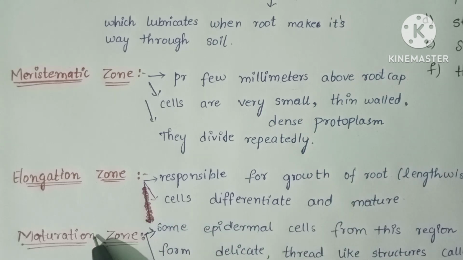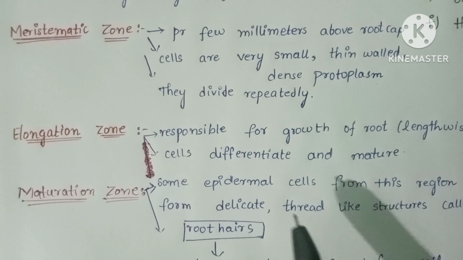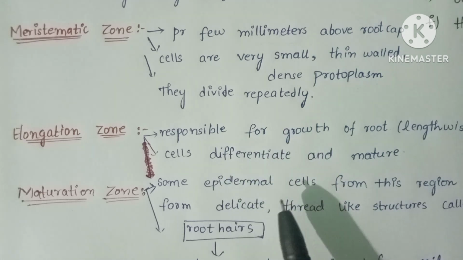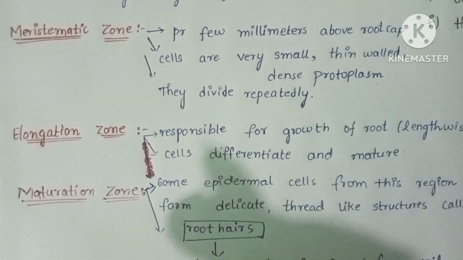Coming to the maturation zone, some epidermal cells from this region form delicate thread-like structures called root hairs. It is a very easy question, but many fail to answer it: root hairs come from the maturation zone, but not from the elongation or meristematic zone.